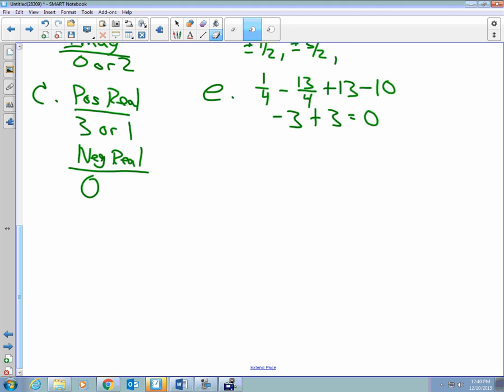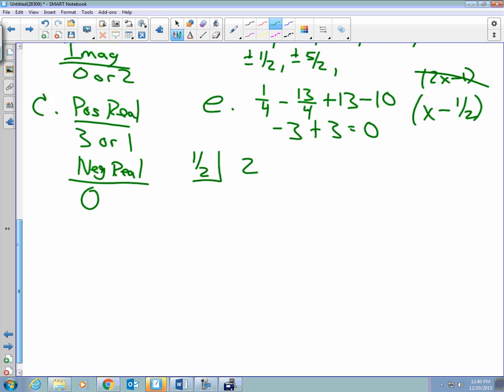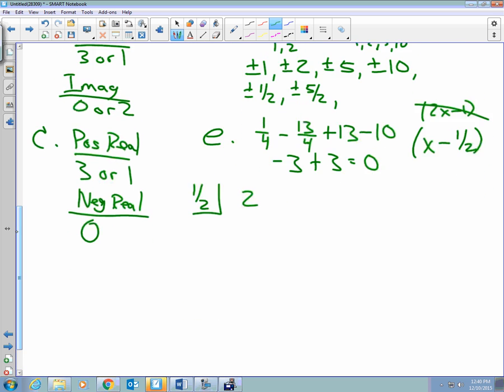So if 1/2 works, what's the factor? If you wanted to, you could write it as 2x minus 1 as well, right? Doesn't matter. So 1/2, we go to work. 2, negative 13, 26, negative 10.